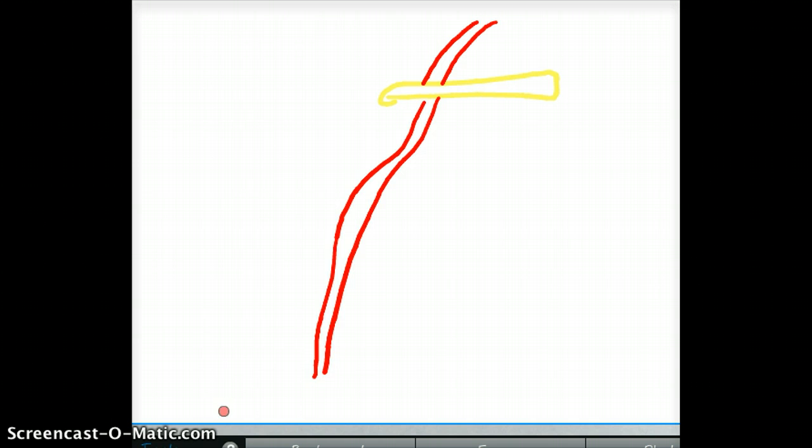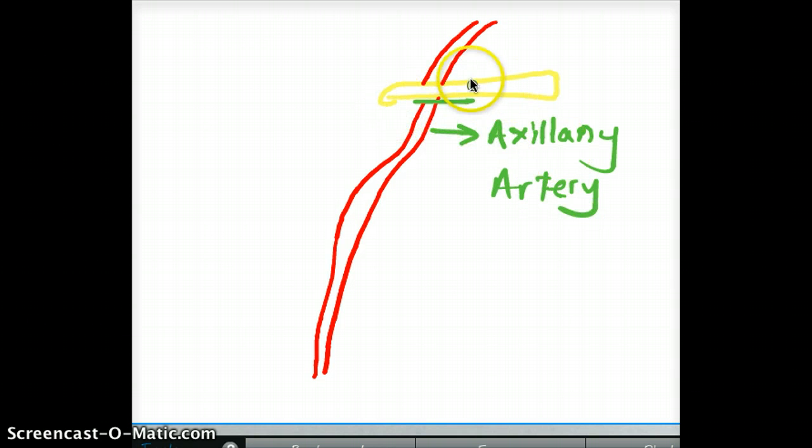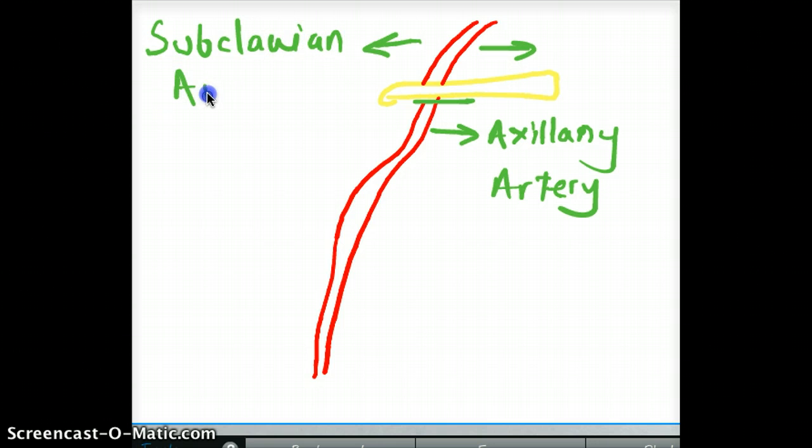Whenever you're talking about the axillary artery, it's called the axillary artery after it passes the first rib. So from this point onwards is called the axillary artery. Just before the first rib, this should be called the subclavian artery.